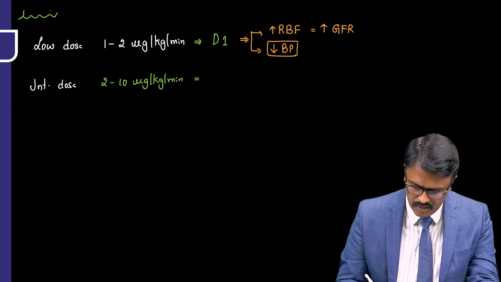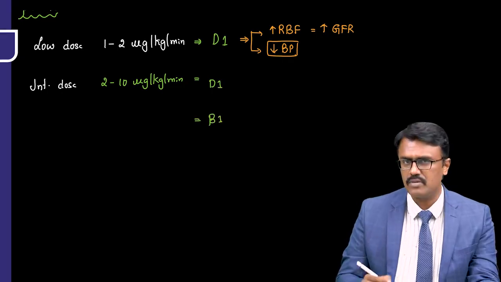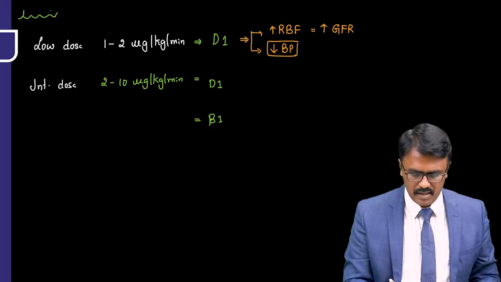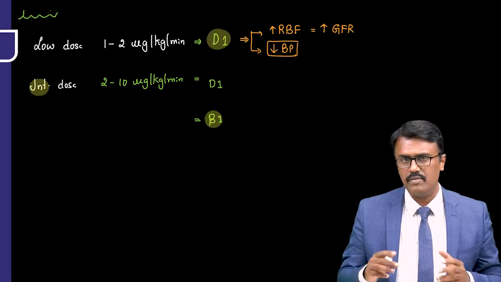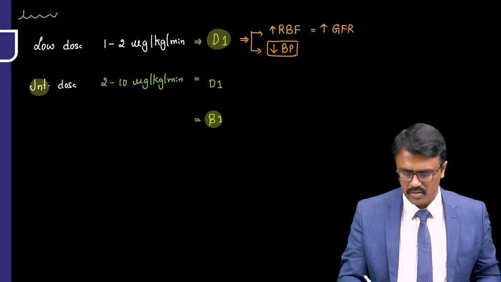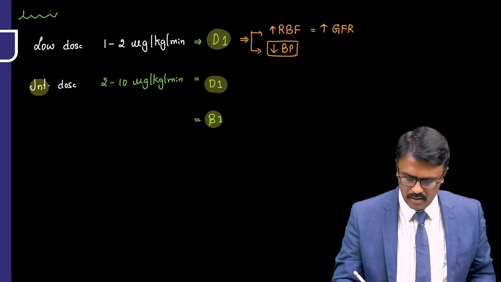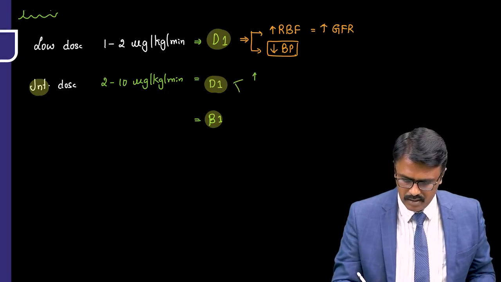At this dose, the drug acts on D1 as well as beta 1. Many times, when we tell the drug acts on D1, the next time when you are told it acts on beta 1, you will forget that it also has action on D1. So it will do these things: it increases GFR and it decreases BP.